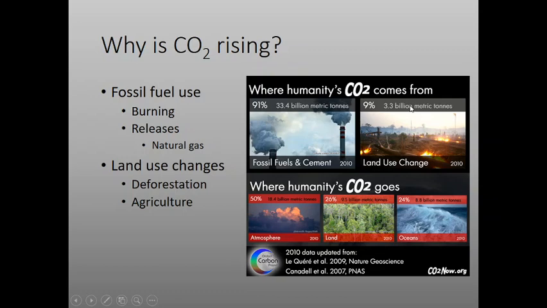But 9% of the increase in CO2 is due to land use change, and that is burning down forests for agriculture. It is plowing land for agriculture. It's mainly agriculture that is doing this, but that's where our CO2 is coming from.